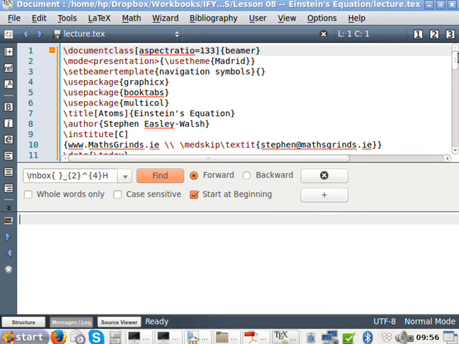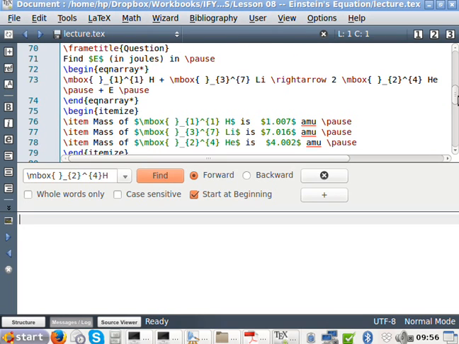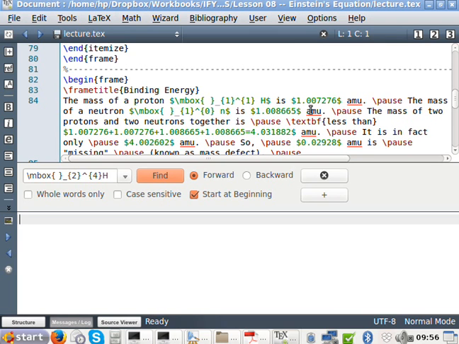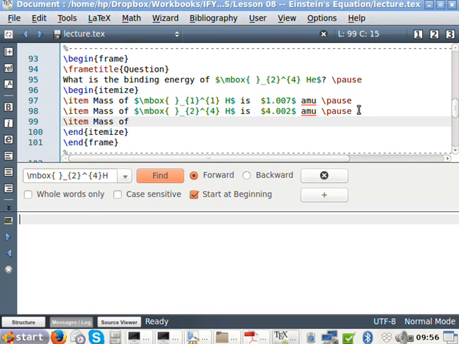Okay. And lastly, neutron. That should be helium. Okay, 6.